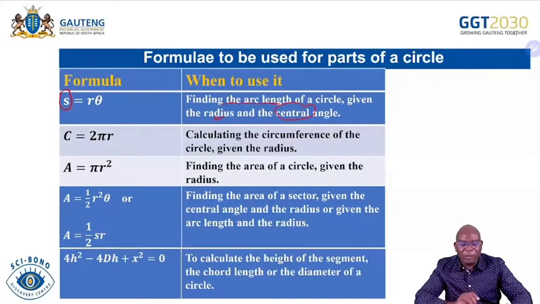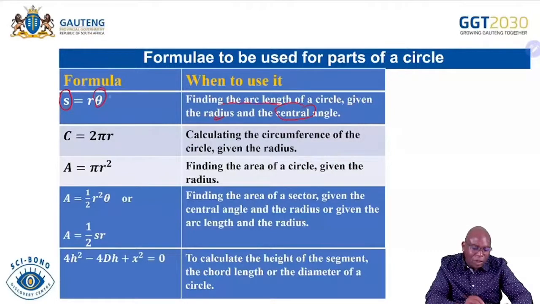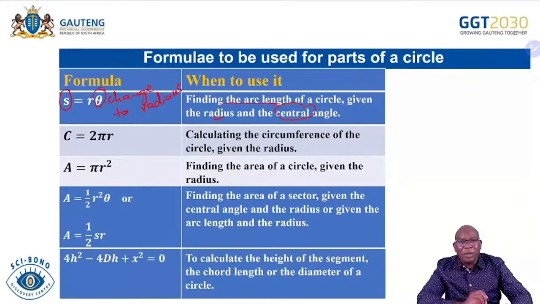The radius must be given, the central angle is given, and that angle must be changed to radians for us to find the arc length.